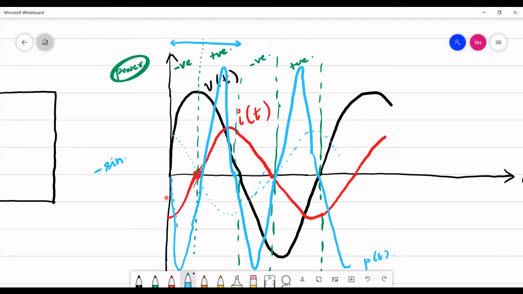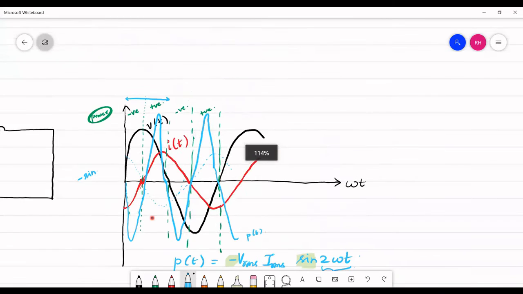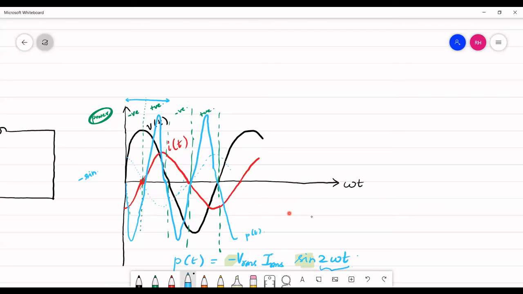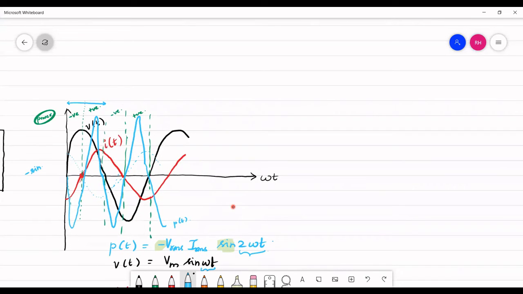Now let us calculate the value of average power over the cycle. Okay. So one complete cycle is completed within a time period. So if this is 0, this point is going to be pi. Right? So one cycle for power's waveform is completed in pi radians.